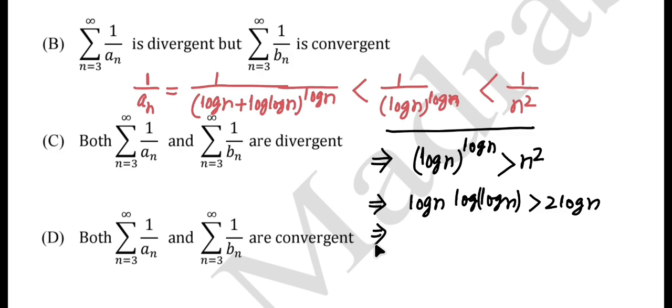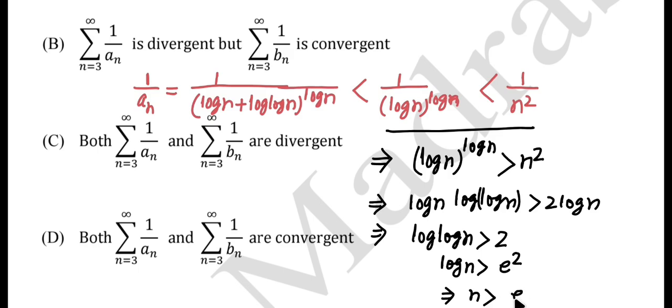The next step will be, from here log n will be greater than 2, so n will be greater than e to the power 2, okay. So what did we get? I mean the integral part of this, that will be e to the power 2, and obviously this is an integer, and suppose it is m.